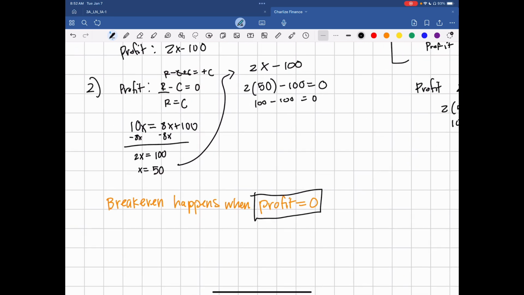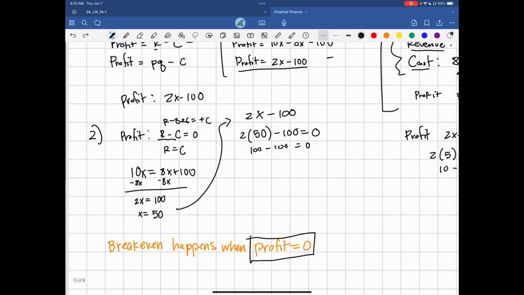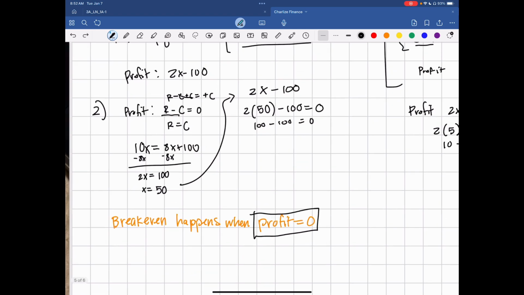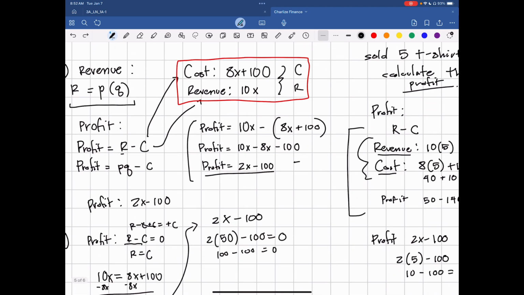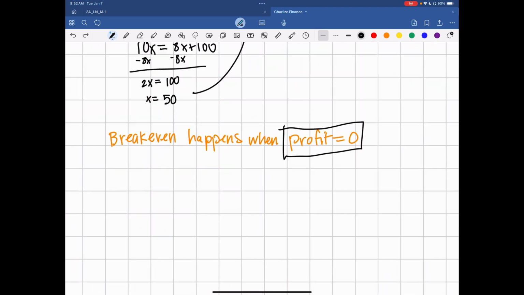Right here, I'm using these two pieces of information separately. But I also remember that I came up with an equation earlier that gave the profit as a general equation. So instead of using 8x plus 100 and 10x, those two equations, I'm just going to use that profit equation that I came up with.